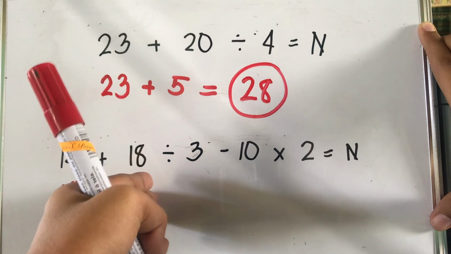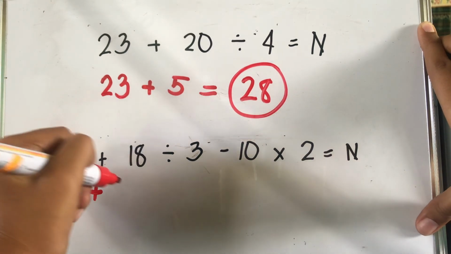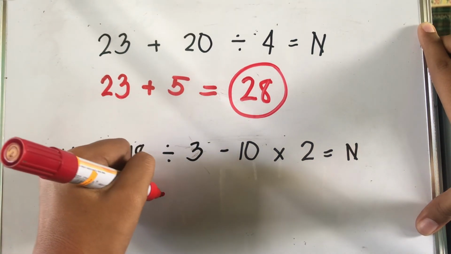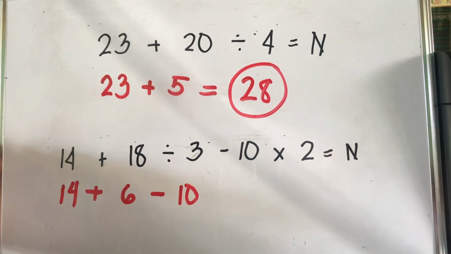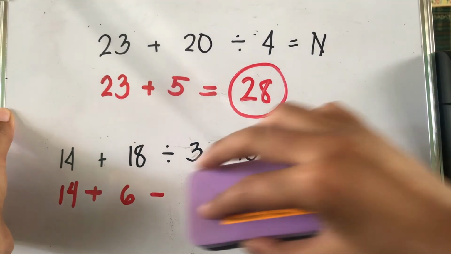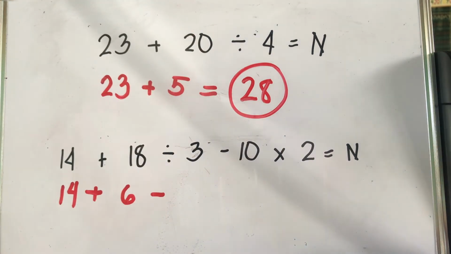So we will solve this one. 18 divided by 3 equals 6. So write 6. And then minus, you copy because it's subtraction. Minus, and then the next part is multiplication. So we have 10 times 2 equals 20.